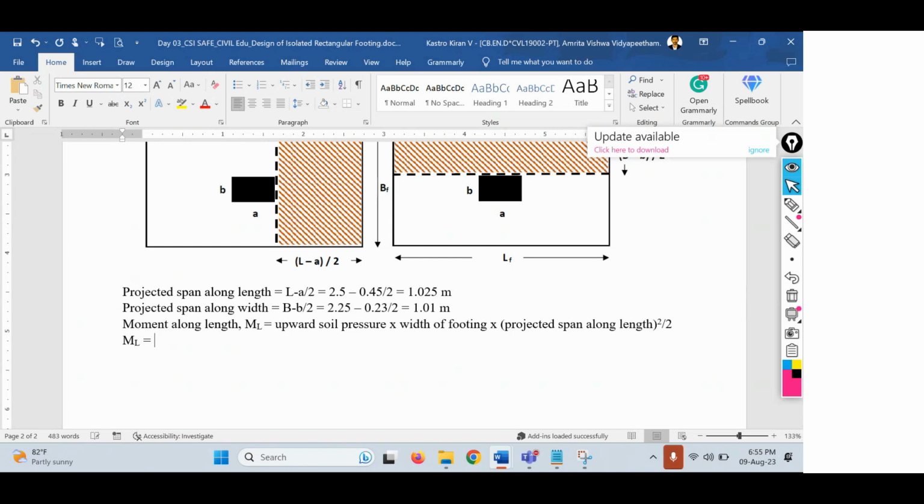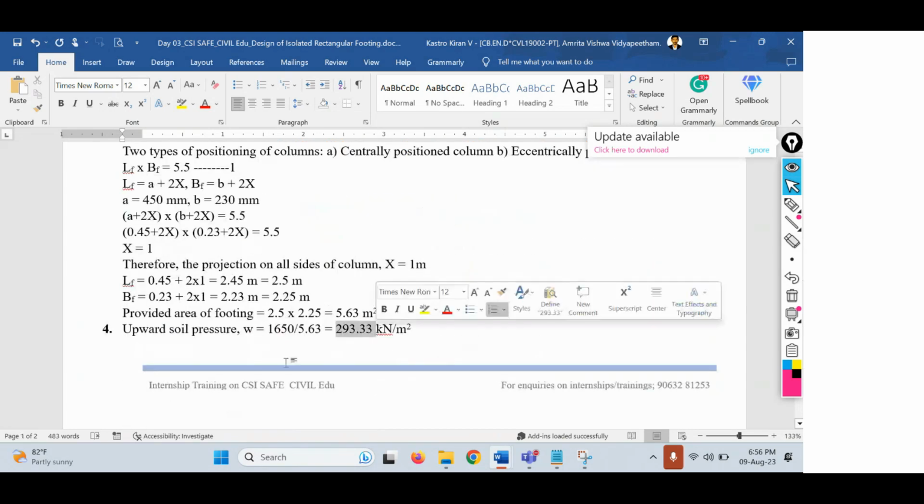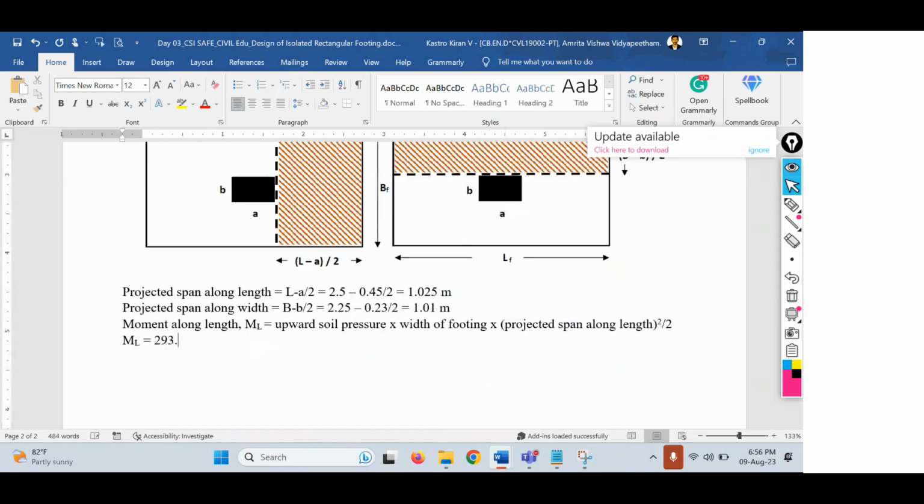So, moment along X direction or moment along length direction. What is the upward soil pressure? It is 293.33. That is the upward soil pressure into the width of the foundation, 2.25. Remember, that's the width of the foundation, not the length.